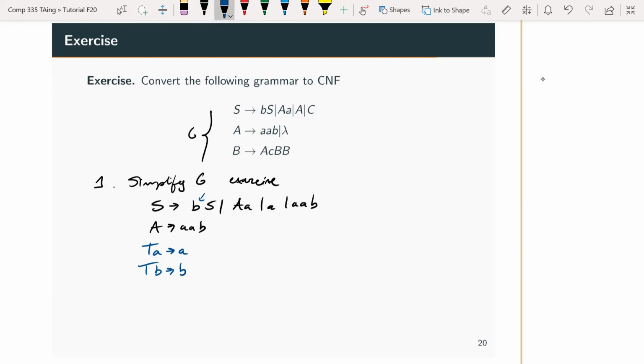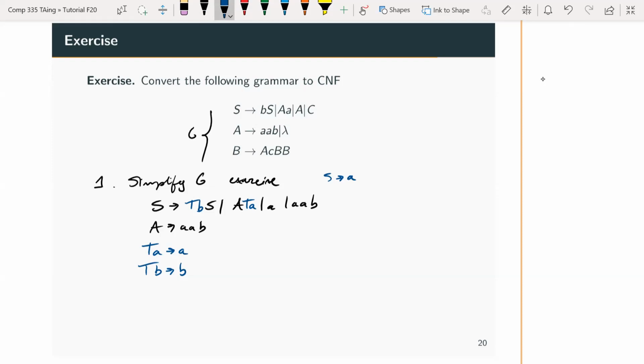So for instance, bS, I'm just going to replace that with T_bS. aA, I'm going to replace the little a with T_a. Here, I'm not going to touch anything, right? I don't want to introduce a variable T_a, because then S gives me T_a would not be in Chomsky normal form. Okay, so I'm just going to leave it as S gives me a, because that is in Chomsky normal form.